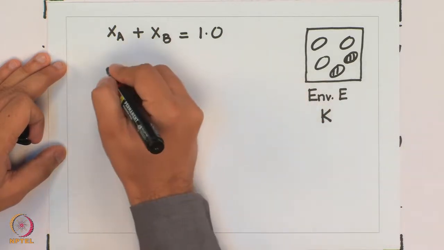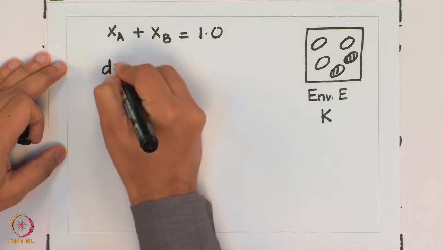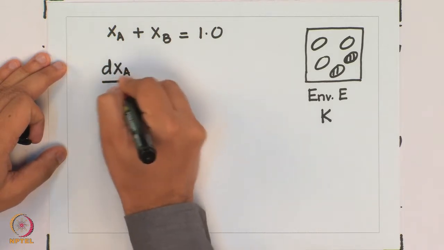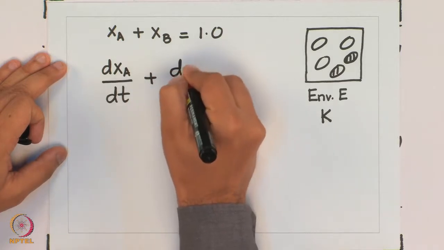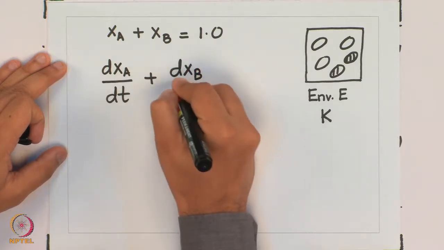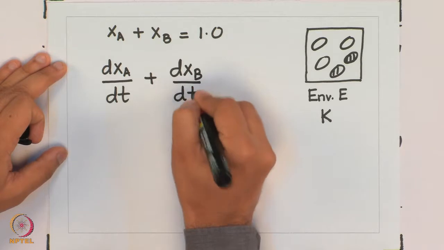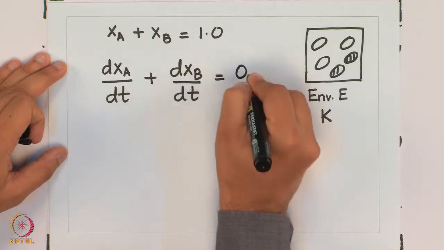And then we differentiated this equation to get the result dx A by dt plus dx B by dt equals 0.